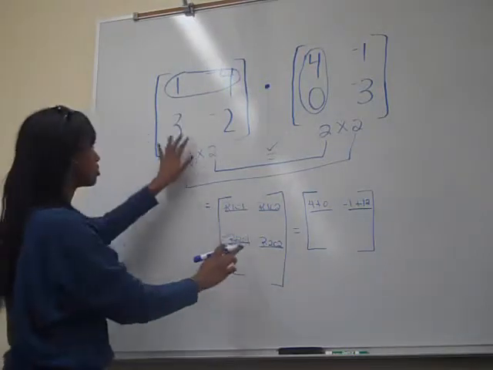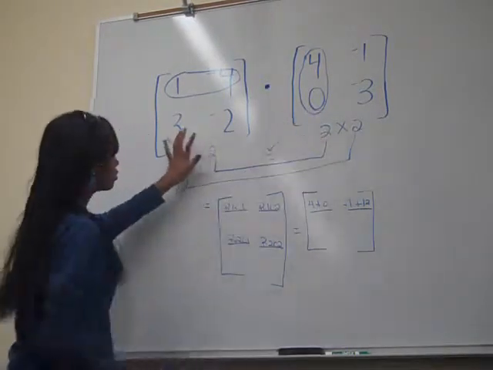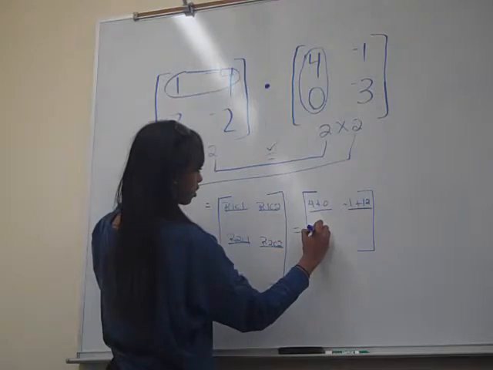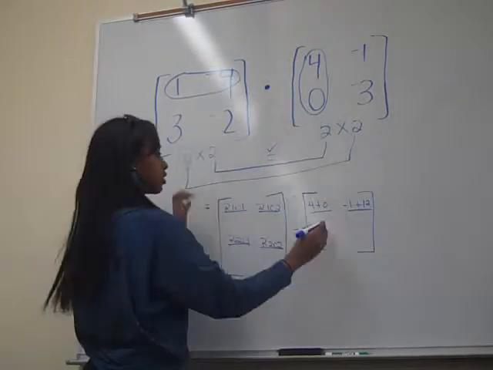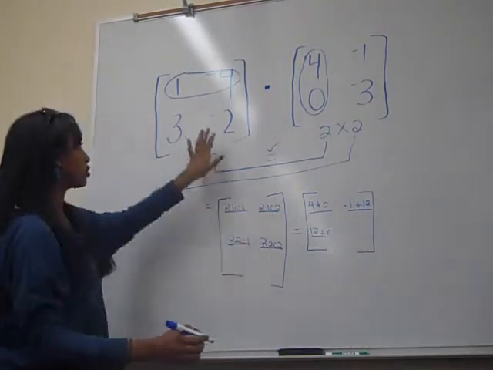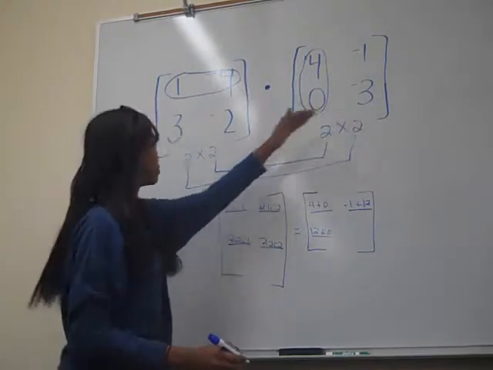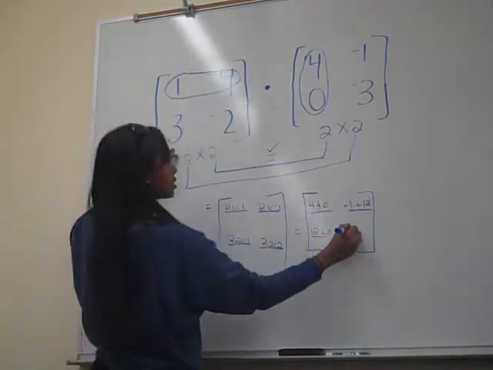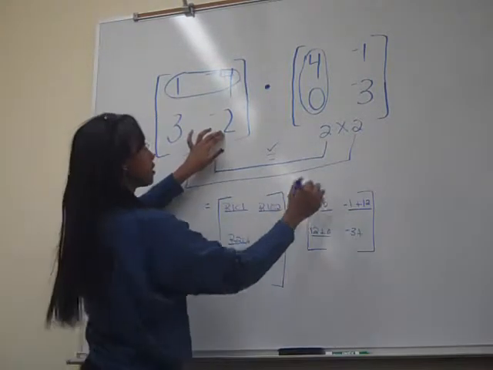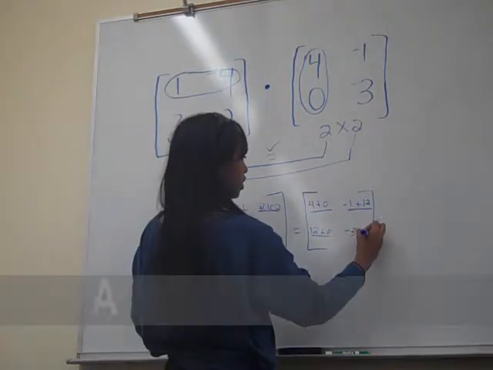Then row 2 times column 1: 3 times 4 is 12, plus negative 2 times 0 is 0. And then row 2 times column 2: 3 times negative 1 is negative 3, plus negative 2 times negative 3 is 6.